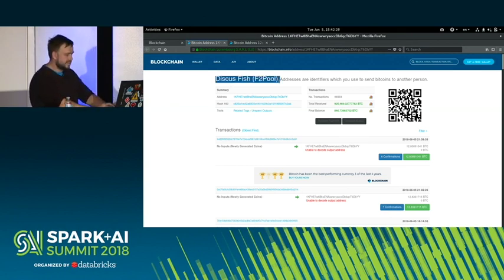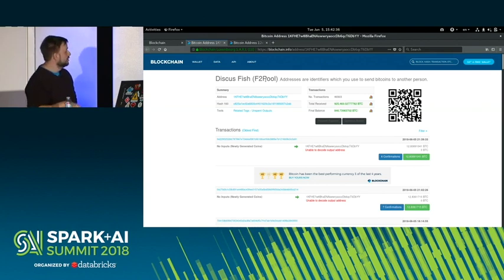And this metadata is here because the fish pool itself told blockchain info that it's there. There is no magic in here. Everyone is allowed to go to blockchain info and basically add some tag to your address for the others. It makes sense because they are a public mining pool, and they want to be recognized by other people. But otherwise, it's a totally pseudonymous network.